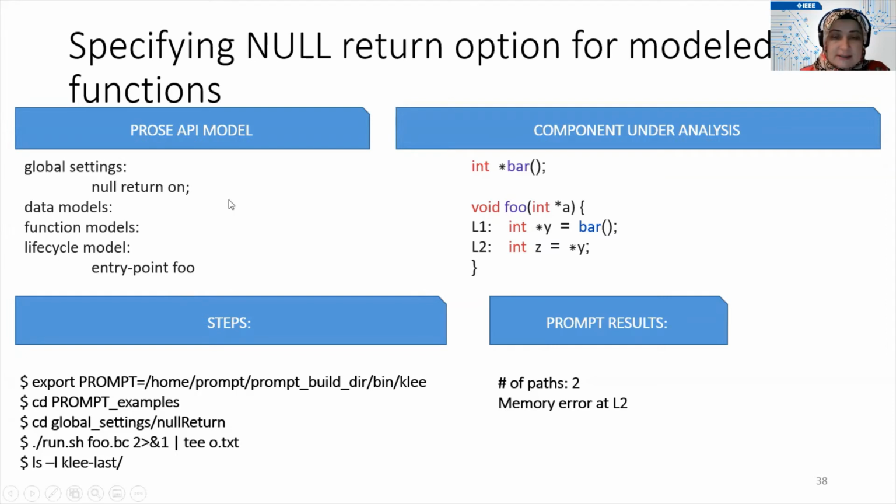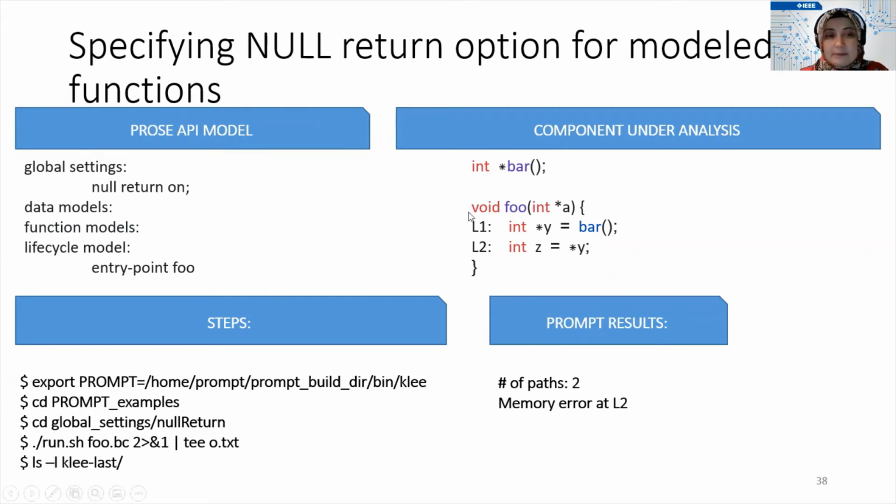But the question is, if our external function, let's say bar in this example, has a pointer return type, then what do we do? We can set this null return on setting, and then in that case, any external function that returns a pointer type, a null value will also be considered for the return value.